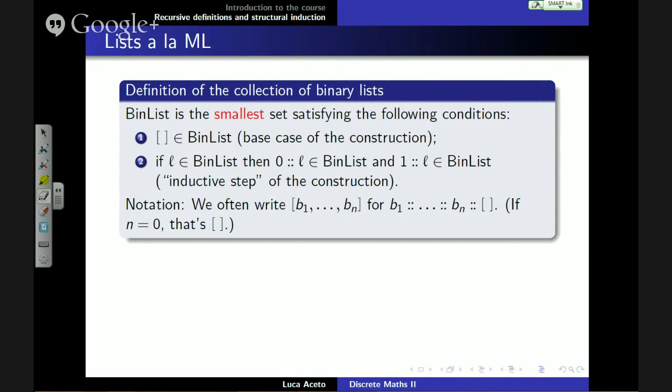Finally, nothing else is actually a binary list. And this is what this adjective here, smallest, actually means. This basically says that the only binary lists, the only good, honest-to-God binary lists, are those that you can construct starting from the empty list using the rules at step 2, some finite number of times.